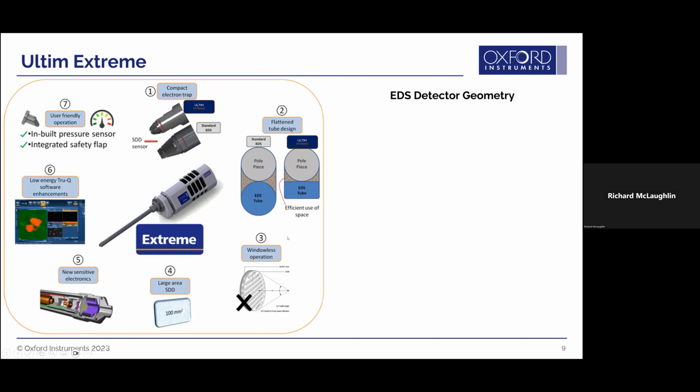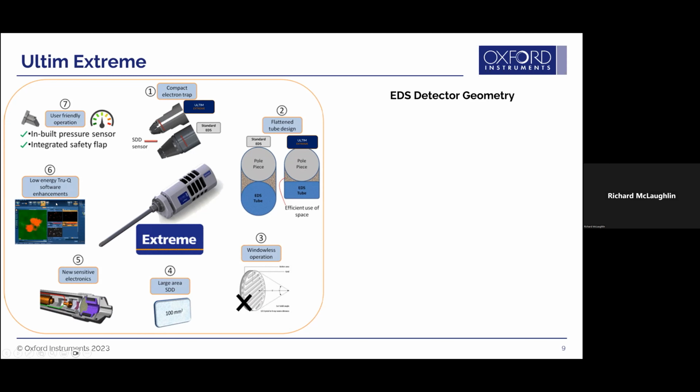Probably the most important thing is we remove the window. So we remove the window from the detector, and that allows those soft X-rays to get into the sensor and be measured. We adjusted the electronics. So if we're going to be working at very low kV, we really have to push the limits of peak resolution, because down at the low energy end, there are quite a few peaks, and we have to somehow separate those peaks as well as possible so we can actually do a proper analysis.